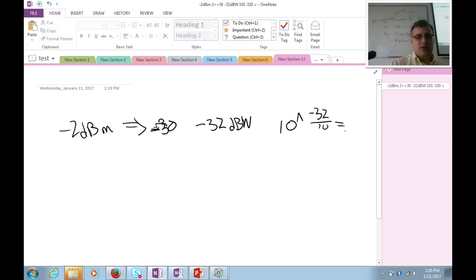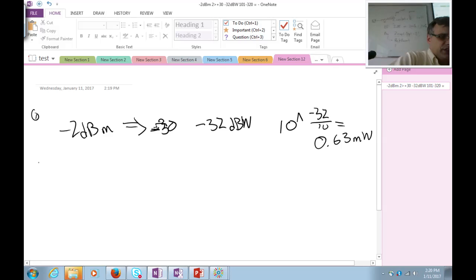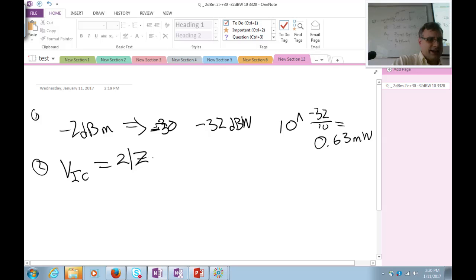And I take 10, raise it to the power of negative 32 divided by 10. That gives me watts. That undoes the 10 log base 10 operation of decibel log conversion. And if I do that computation, I find this is 0.63 milliwatts. So that's my first step.